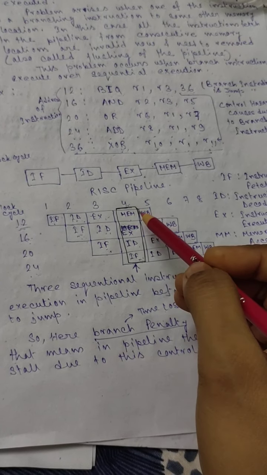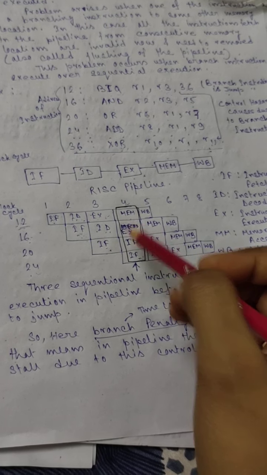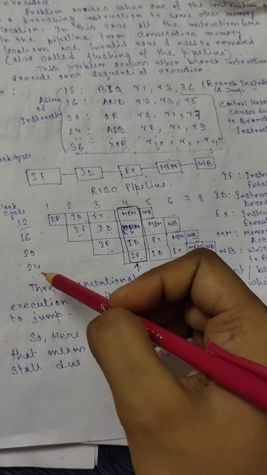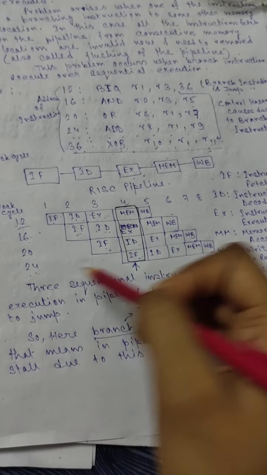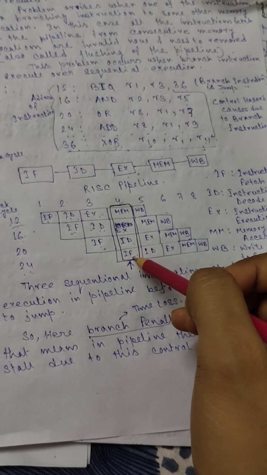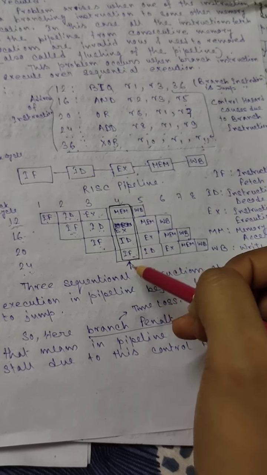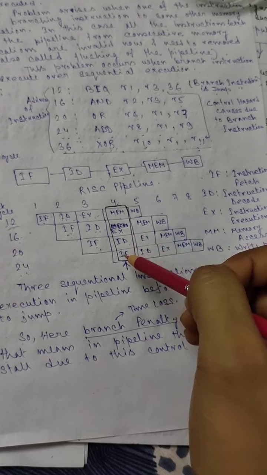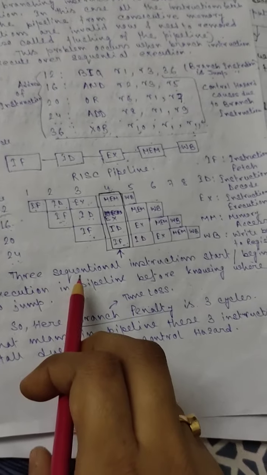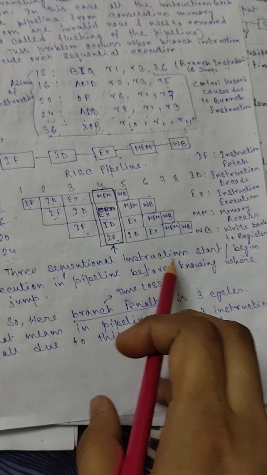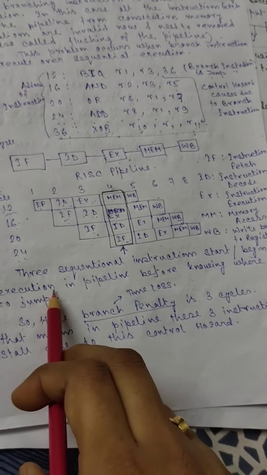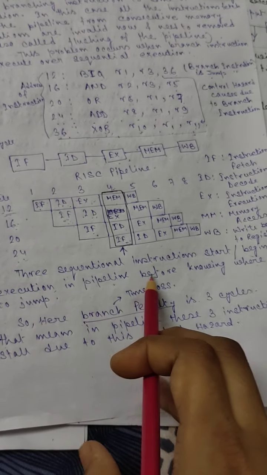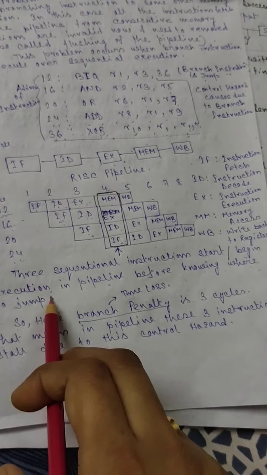So when it is using memory for output, and in this fourth process fetching the data, it also accesses this memory. So here a conflict occurs.